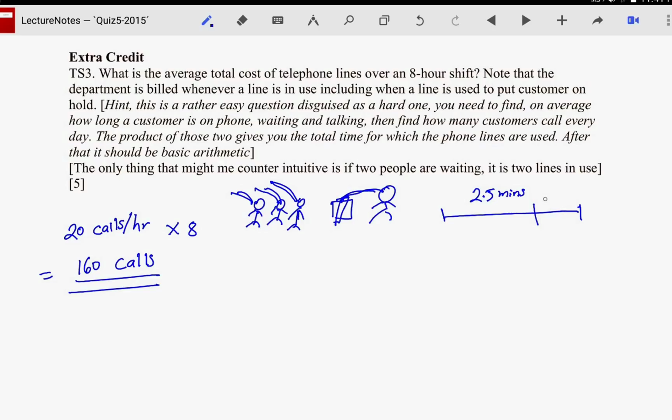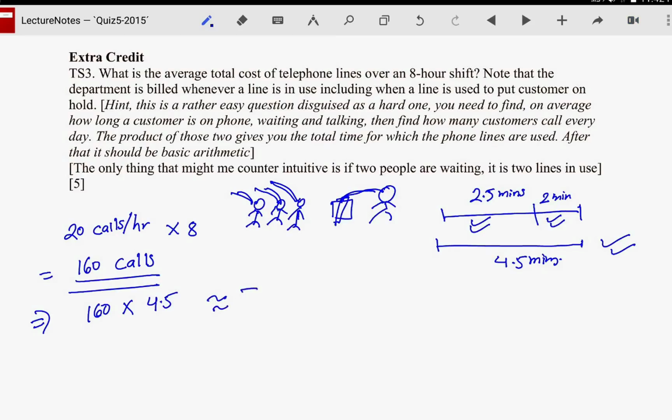You also know on average a call lasts 2 minutes. So that means when somebody makes a call, your phone line is in use for 4.5 minutes on average. Doesn't matter how many are waiting at any given time. For any given call, 4.5 minutes of your telephone line's time is used: 2 minutes he's talking, 2.5 minutes you're waiting. So you use altogether 160 calls times 4.5 minutes, right?